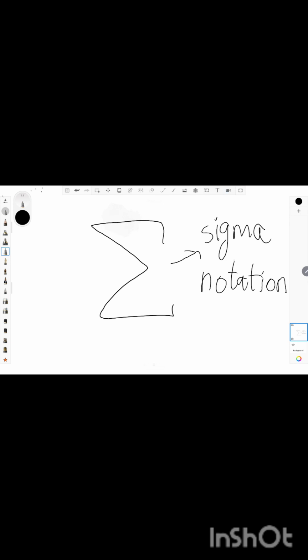Where is the eraser? Do I have to look for this? I think this is the eraser. Yep. And there goes that. Alright.